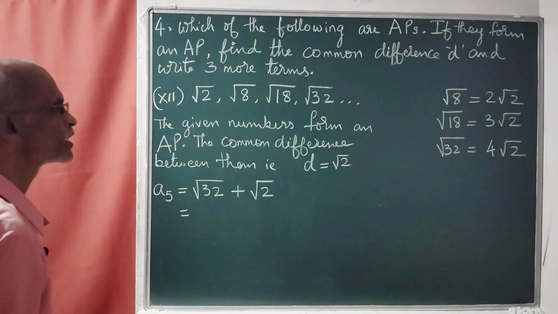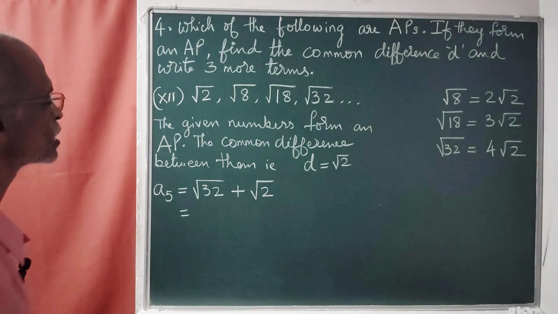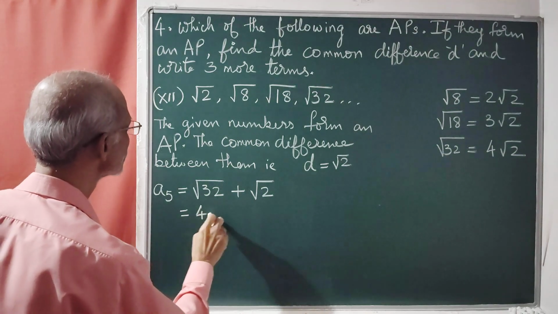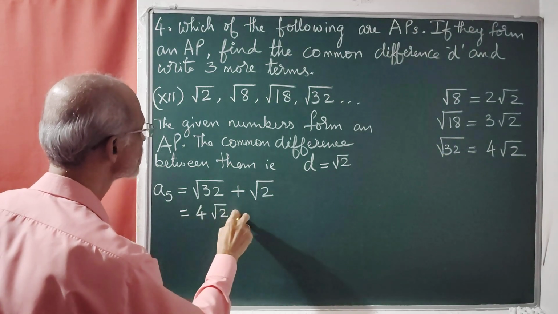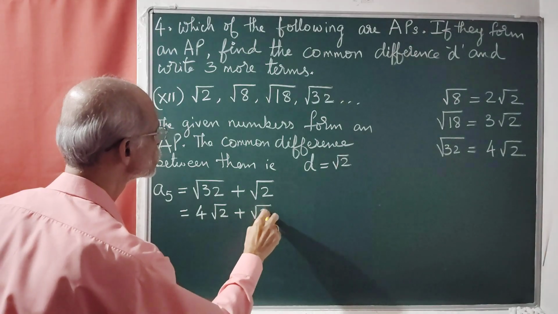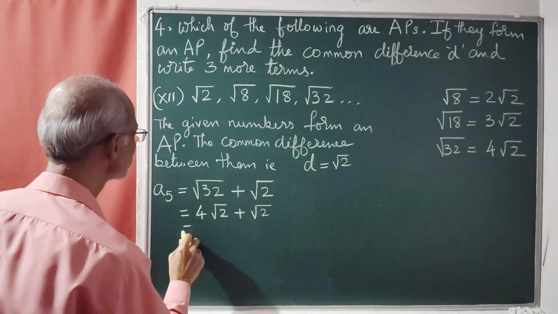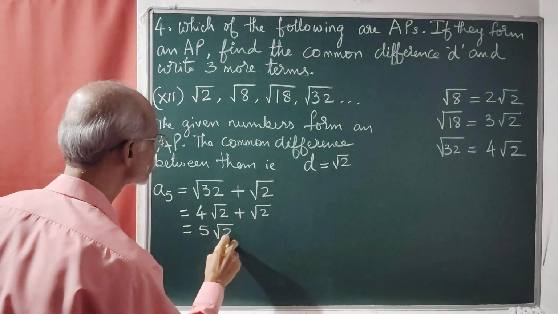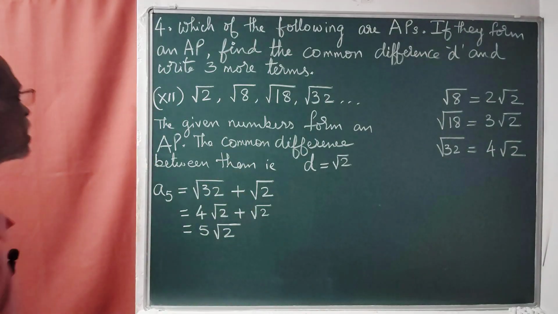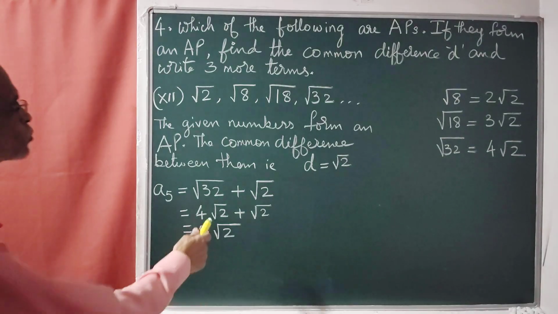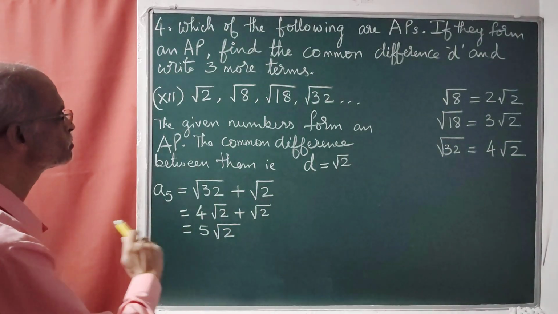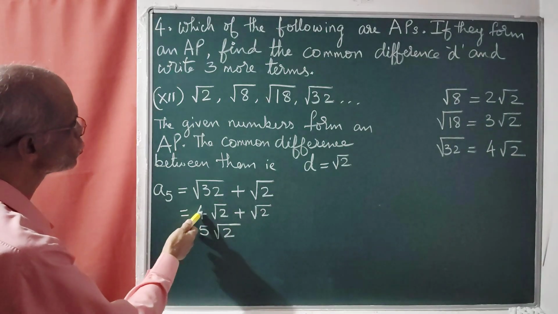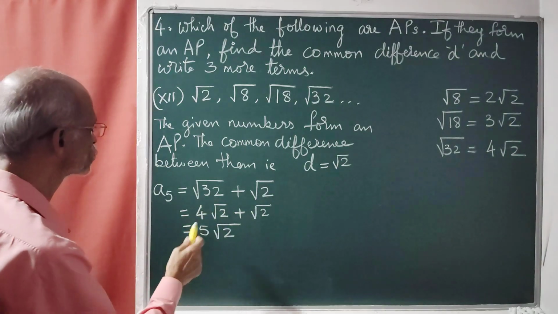I have to write root 32 in the simplest form, that is 4 root 2, plus root 2. So 4 root 2 plus root 2 is 5 root 2. 4 root 2 is the simplest form of root 32. When I add 4 root 2 plus root 2, I get 5 root 2.